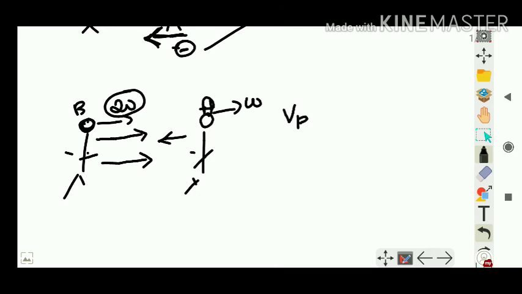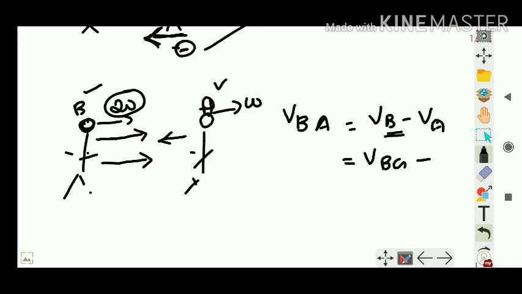So V_BA, the velocity of B with respect to A, will be equal to V_B minus V_A, where these are velocities with respect to the ground. V_BG is 20 and V_AG is 10, that is 10 meters per second.